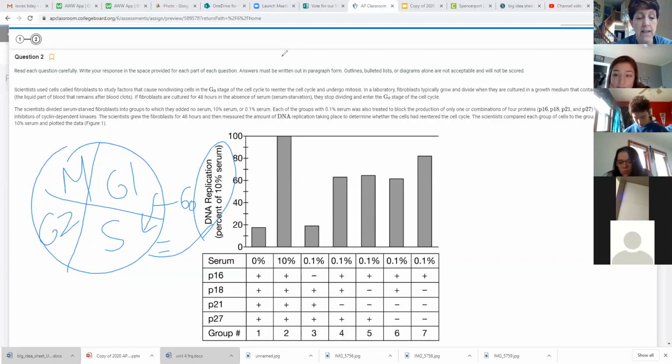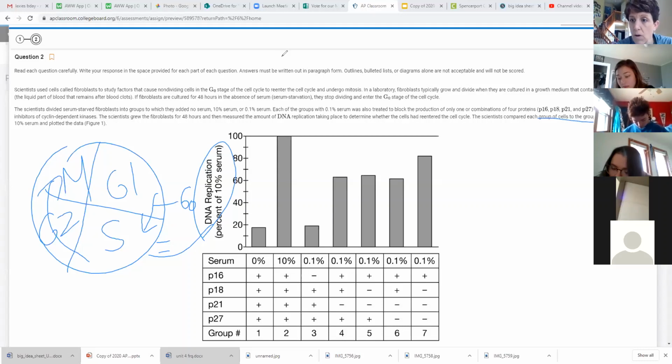So S is like, this table is actually showing me if they passed G0 or the G1 checkpoint or not. If they're in G0, they're not growing. Basically the serum is like, give them this special food. If you can pass, then you'll go into this, which means eventually you're going to divide and go through mitosis.